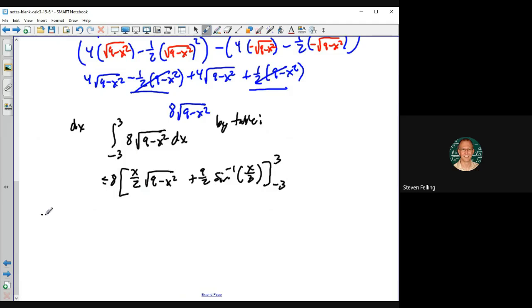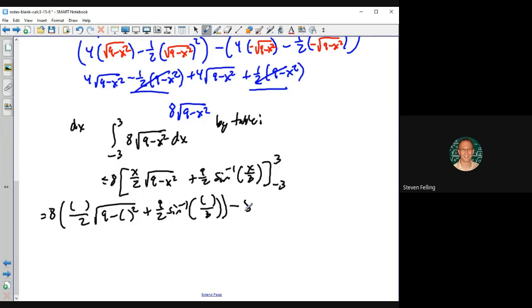So that means we have 8, and then I have to plug in something there, square root of 9 minus something squared, plus 9 halves inverse sine of something over 3, right? And then I've got my other copy, which is minus, and then I've got something squared square root of 9 minus something squared plus 9 halves inverse sine of something over 3.